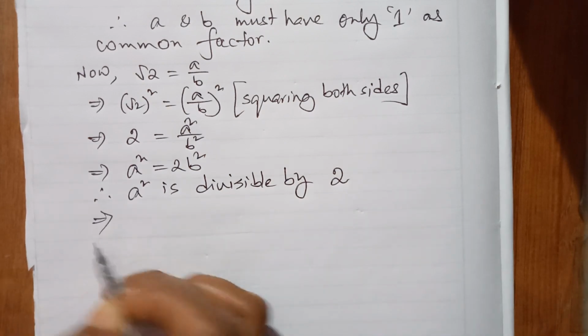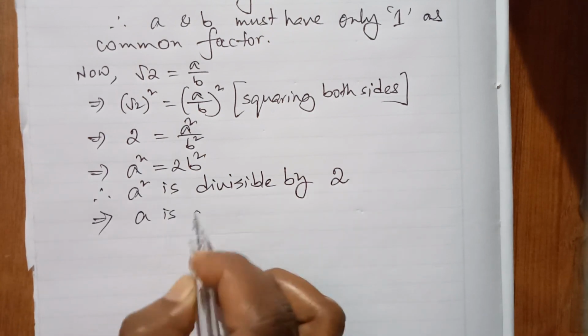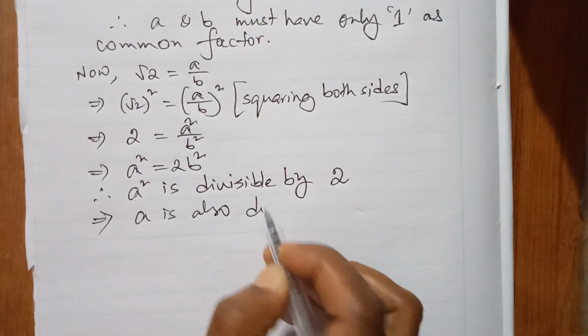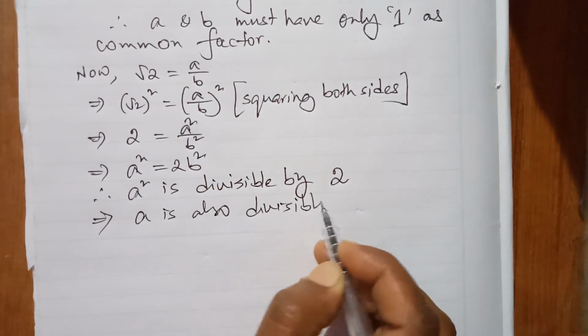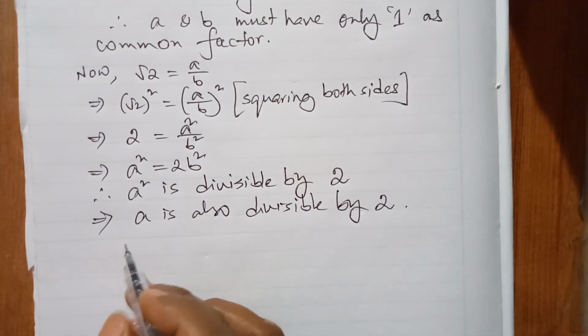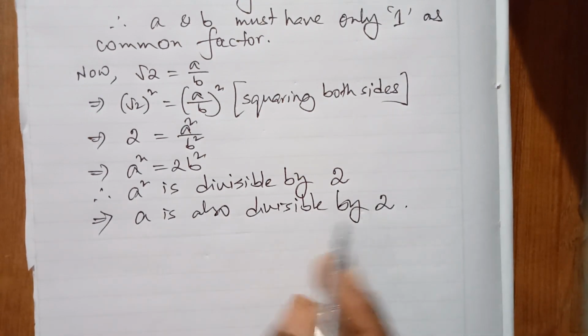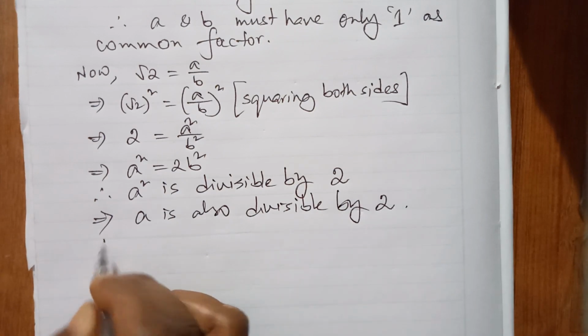So this implies if a square is divisible by 2, then a also is divisible by 2. So if a is divisible by 2, or if we divide a by 2, then there will be one quotient.